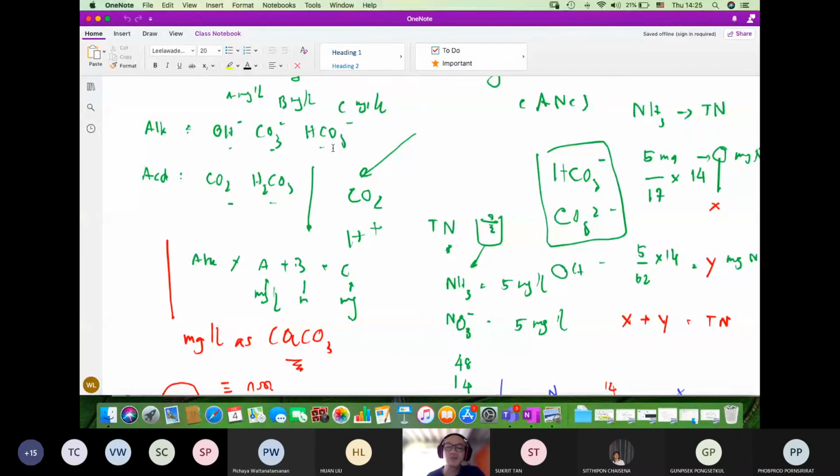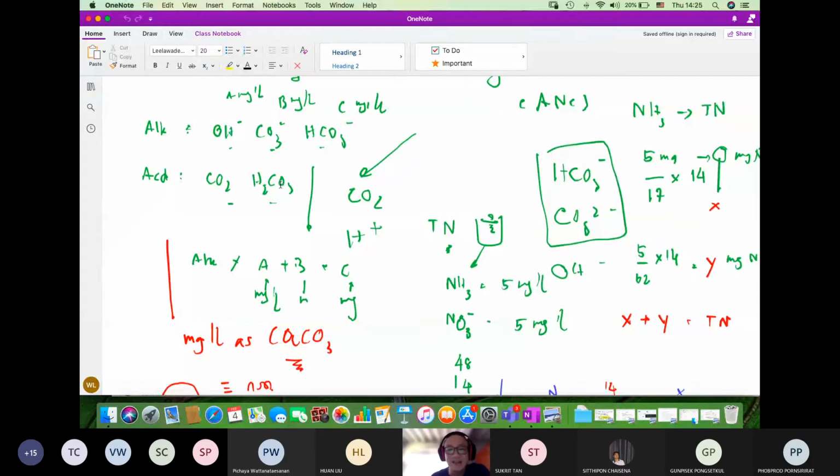So these three ions can cause the alkalinity. Similar to the acidity, the major cause of the acidity is dissolved carbon dioxide, which may exist as carbon dioxide itself or in the form of carbonic acid.